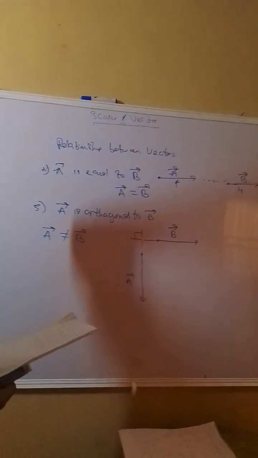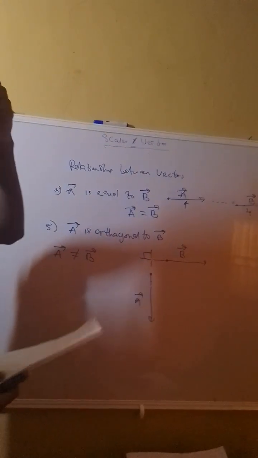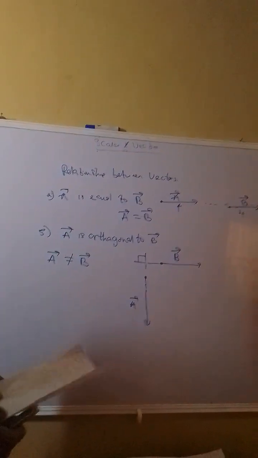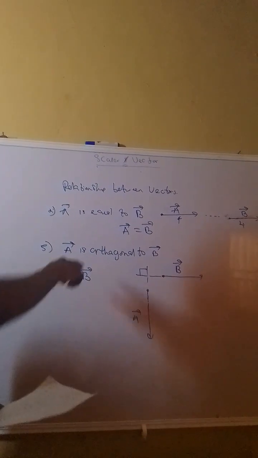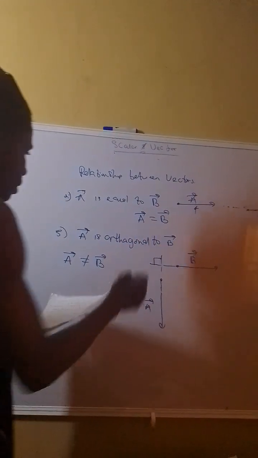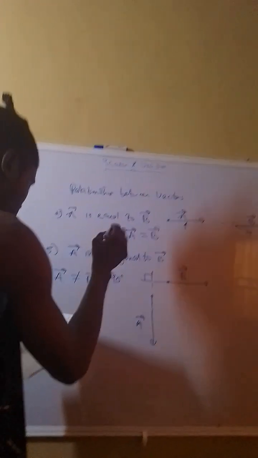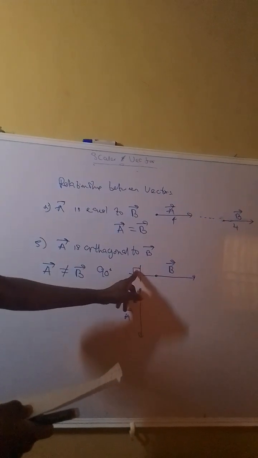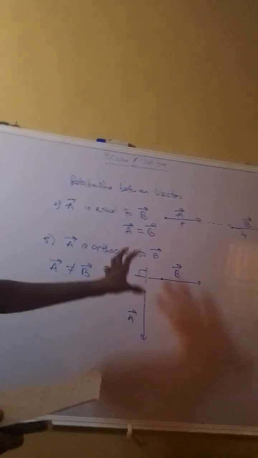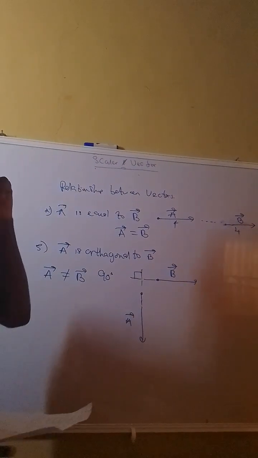Are you with me? In this process, the difference between them, which is 90 degrees, is what makes them orthogonal vectors. So A is orthogonal to vector B.